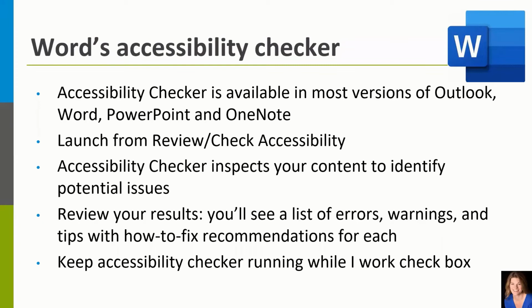As you correct the changes, the results pane updates that list automatically. So you'll see your warnings and errors and tips decrease, which is kind of nice. And you can leave the accessibility checker on while you're creating a document. So you can always have this dynamic creation of content that's going to be accessible from the beginning.